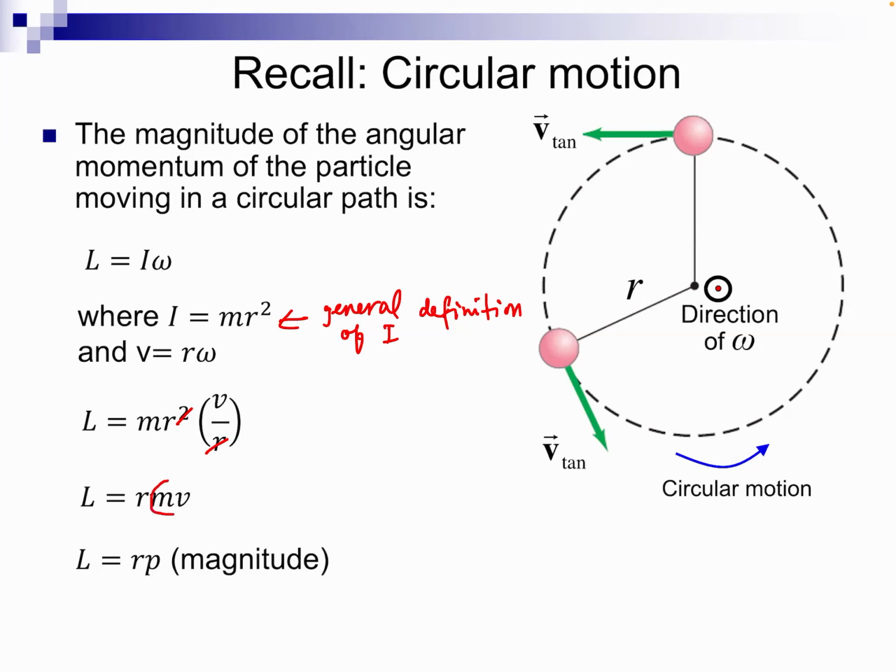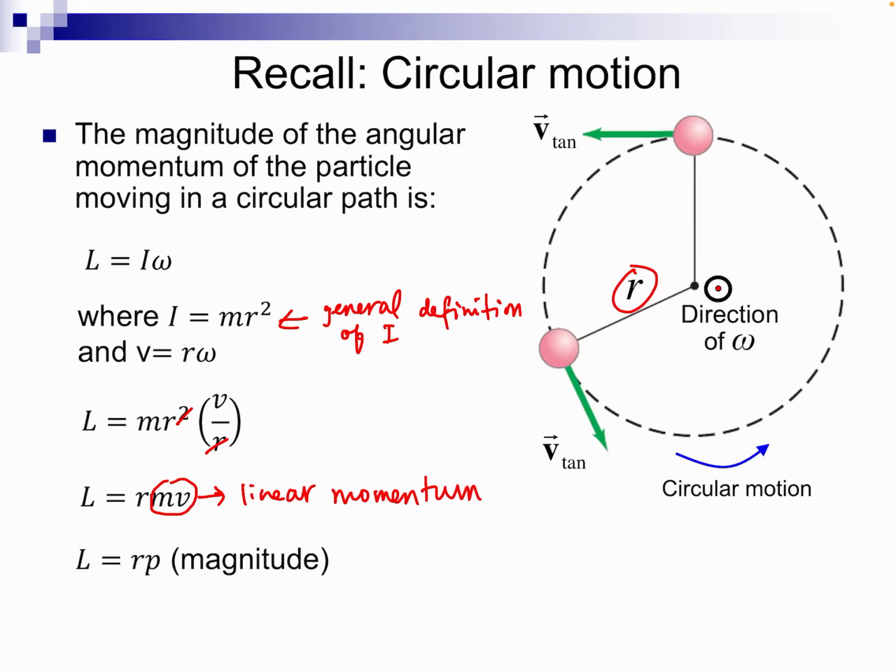You can see here, m times v is equal to the linear momentum. The angular momentum of the particle moving in circular motion is therefore equal to the radius of the circular path, this r, times the linear momentum of the particle.